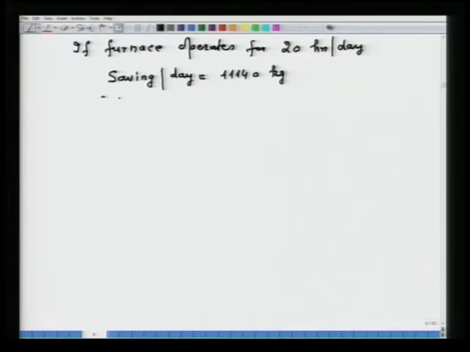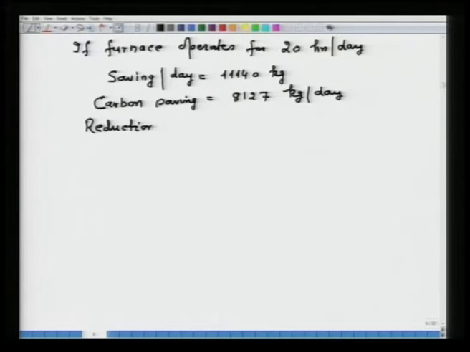Now, the carbon saving, this is the fuel. Now, carbon saving will be 70% of this, 8127 kilogram per day you are saving carbon. Now, this is equivalent to reduction in CO2, that will be equal to 29,800 kg. How is it? C plus O2 gives CO2, same you convert to kg mole, multiply by 44. So, you are reducing that much amount of carbon dioxide.